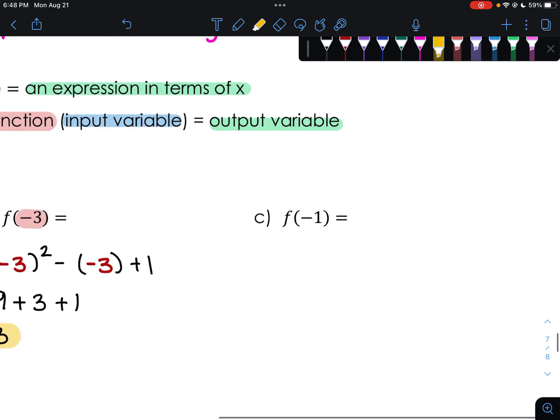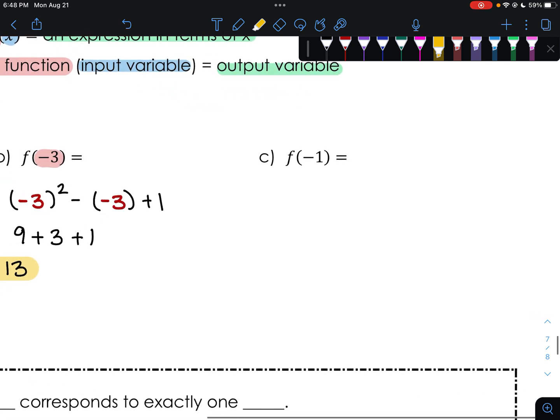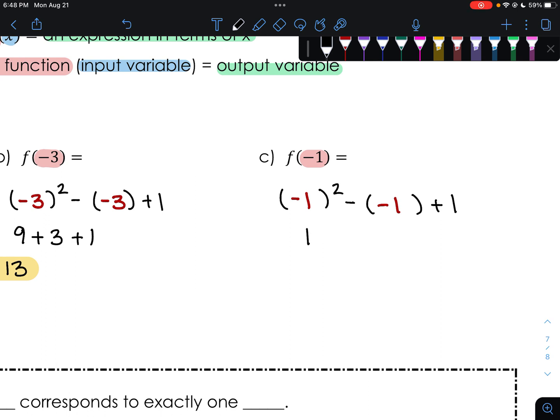Moving on to the last one, go ahead and pause the video and see how you do, and you can check your answer. This time we're going to plug in negative 1. So I have parentheses squared minus something in parentheses plus 1. Again, we're plugging in negative 1 for x. Negative 1 to the second power is a positive 1.